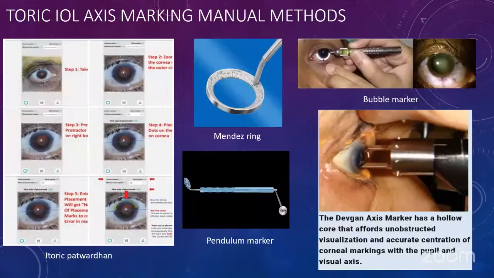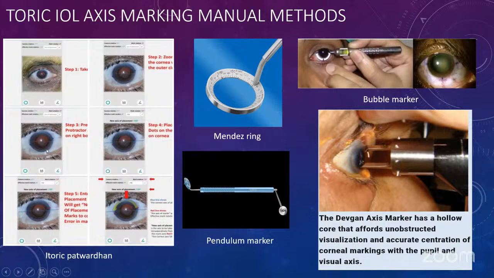Now this is a slide which is showing toric IOL axis marking. These are manual methods. So as we can see, the first one is Toric Patwardhan. In this app, basically what we do is take a snap of the eye, then we zoom till the cornea reaches the outer circle. Then there's a protractor button on the right lower part.